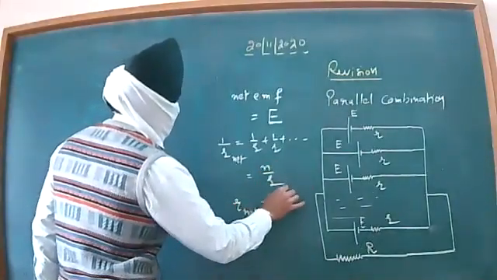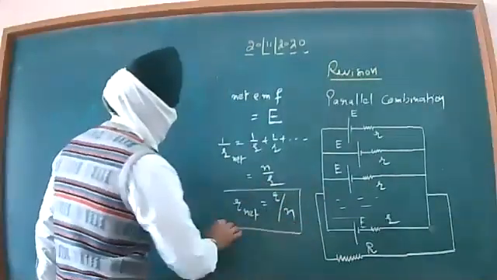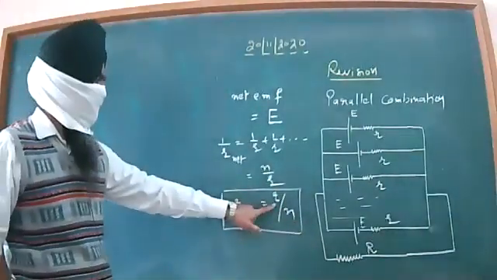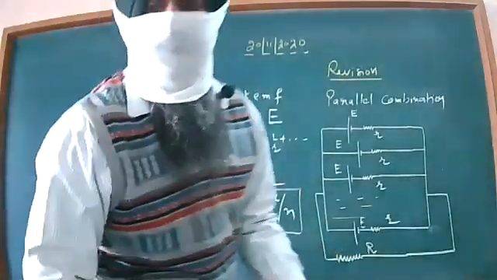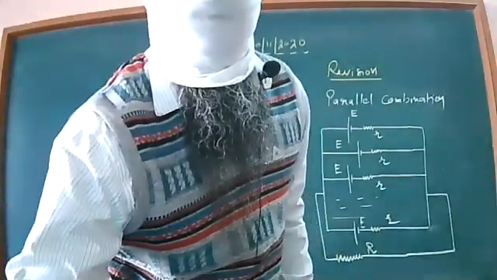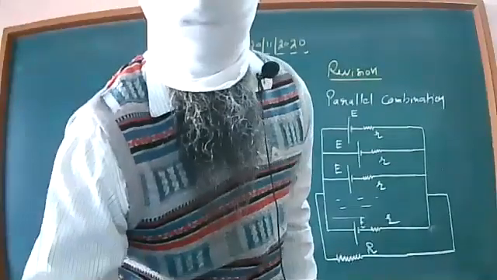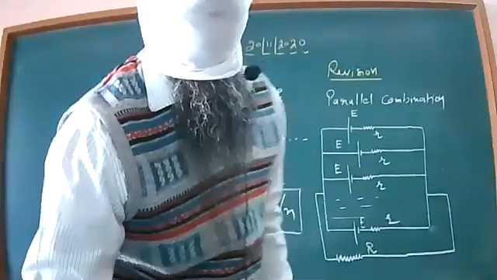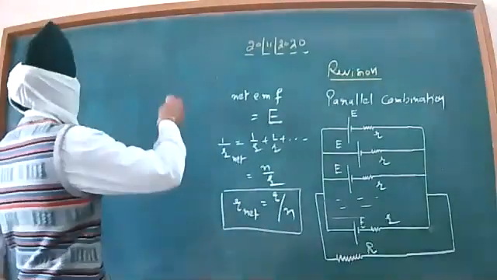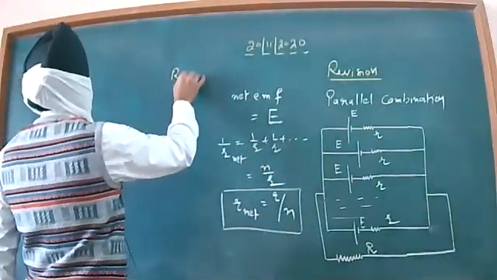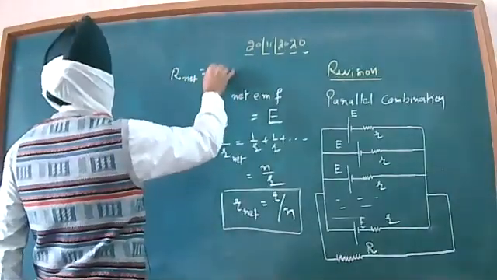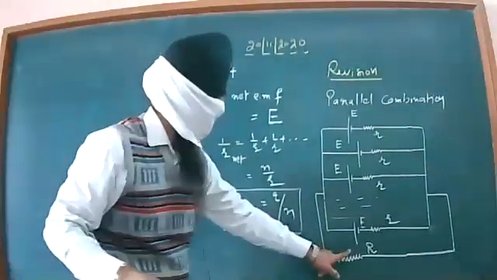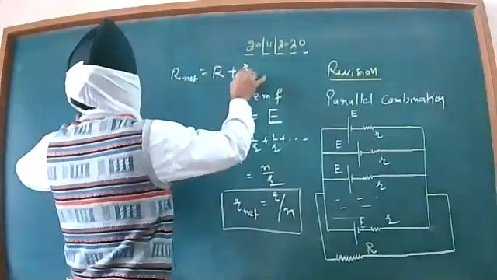So r net is equal to small r upon n, and this is connected with the external resistor in series. The net value of the resistance will then be equal to the external resistance capital R plus small r upon n.